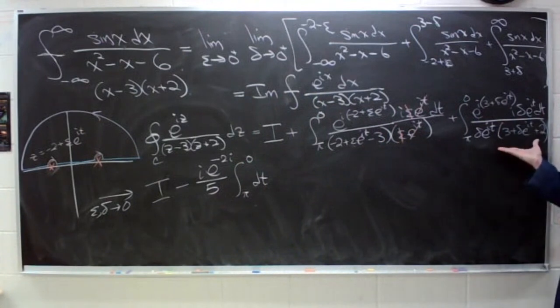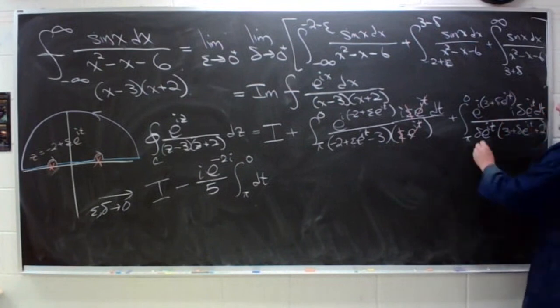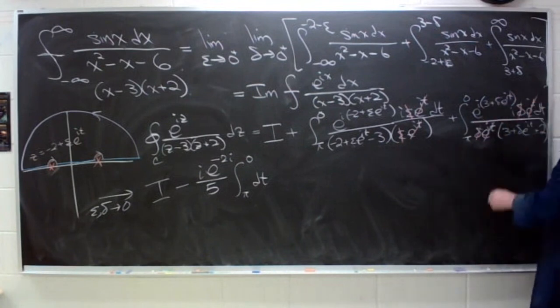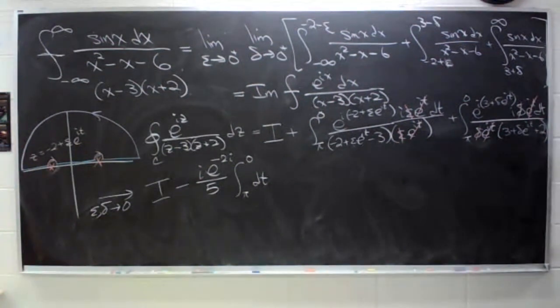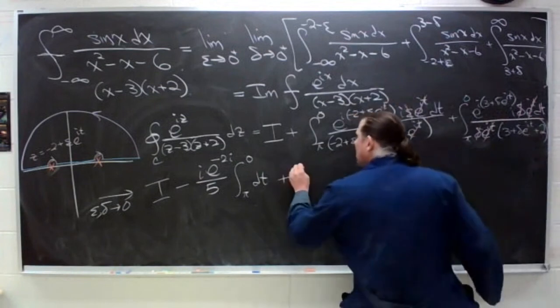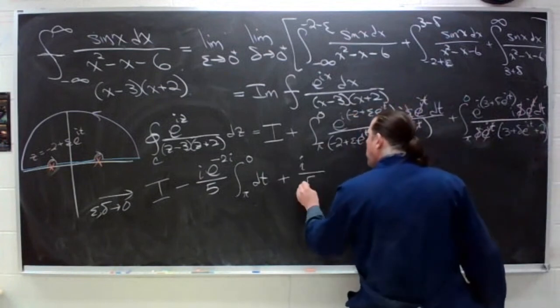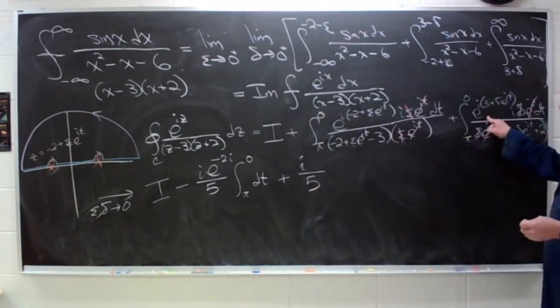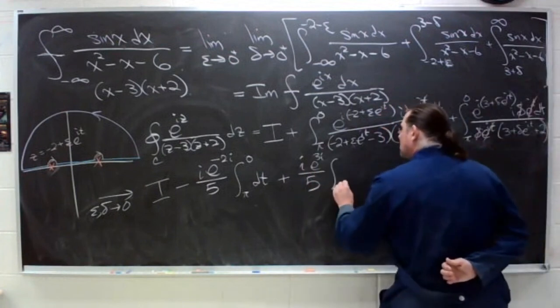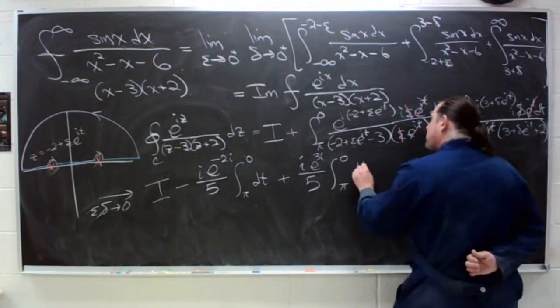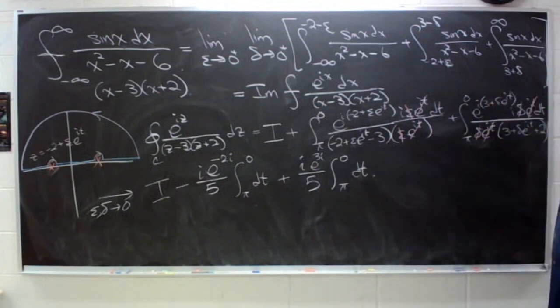Same thing here. Delta e to the it cancels away. Here I'm going to get plus i over 5 e to the 3i, integral from pi to 0 dt.